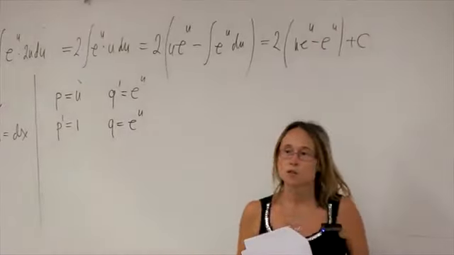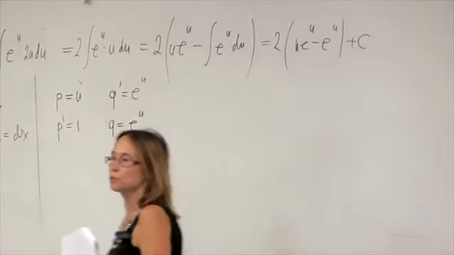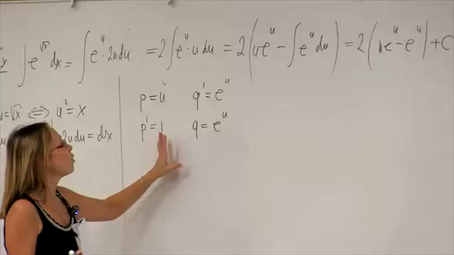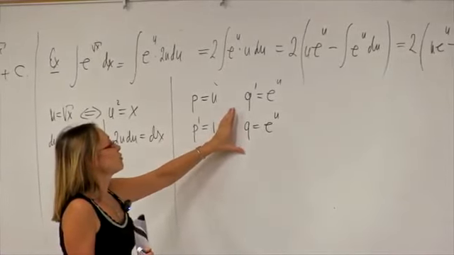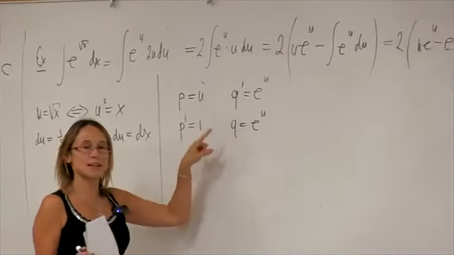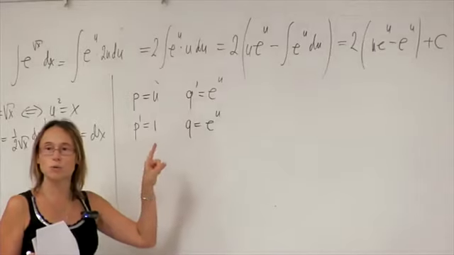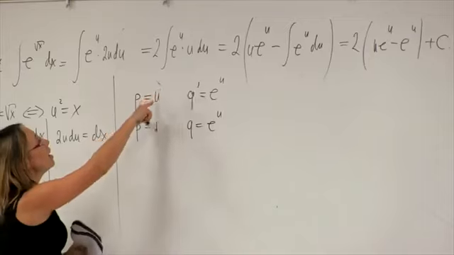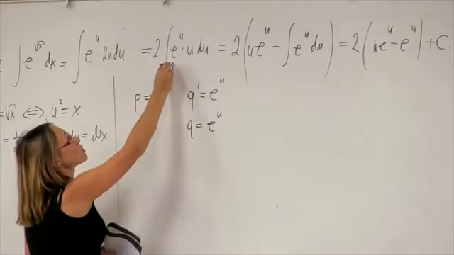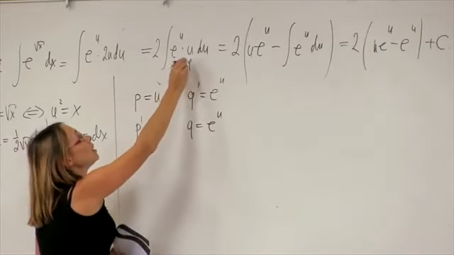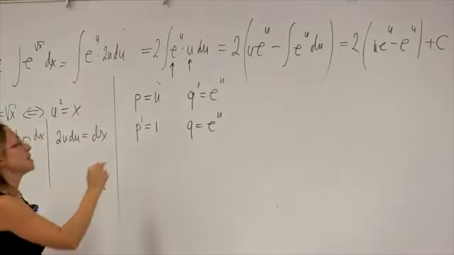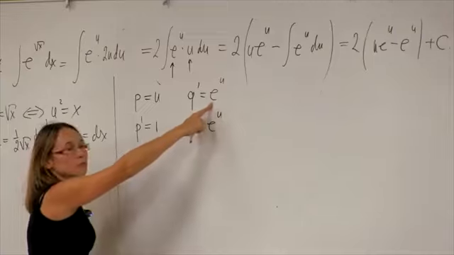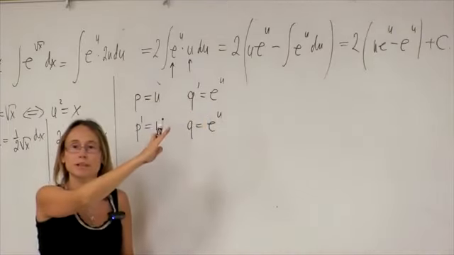Okay, because we had a substitute for this lecture about partial fraction, I'm not sure if he explained what happens if I get confused and assign this in the wrong way. So I'm going to demonstrate what happens. So see here, I have two functions, e to the u and u. Okay, and I said my function p is going to be this one, and my derivative is going to be the other one. And then everything worked like magic.